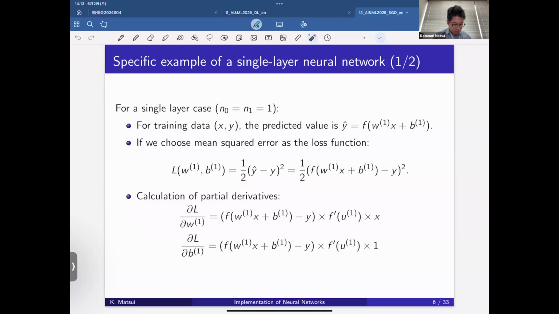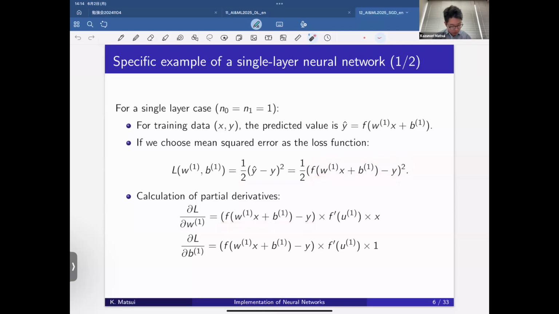The partial derivatives in this case are simple. The partial derivative with respect to weight w1: the derivative of something squared is 2 times something, so it first becomes like this.